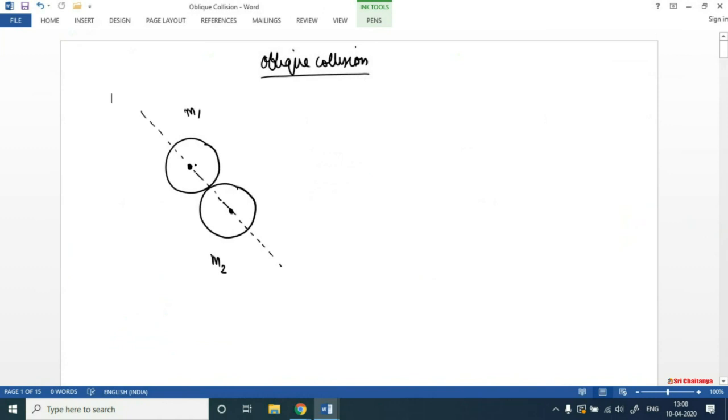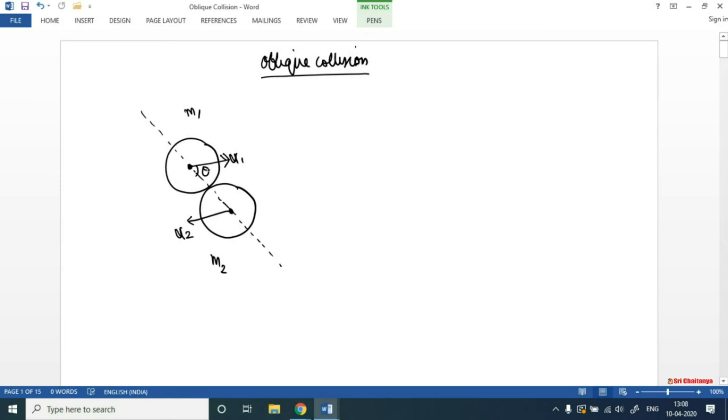This collision will be oblique when the velocities of colliding bodies are necessarily not along the line of impact. Say this is u1 and this is u2.